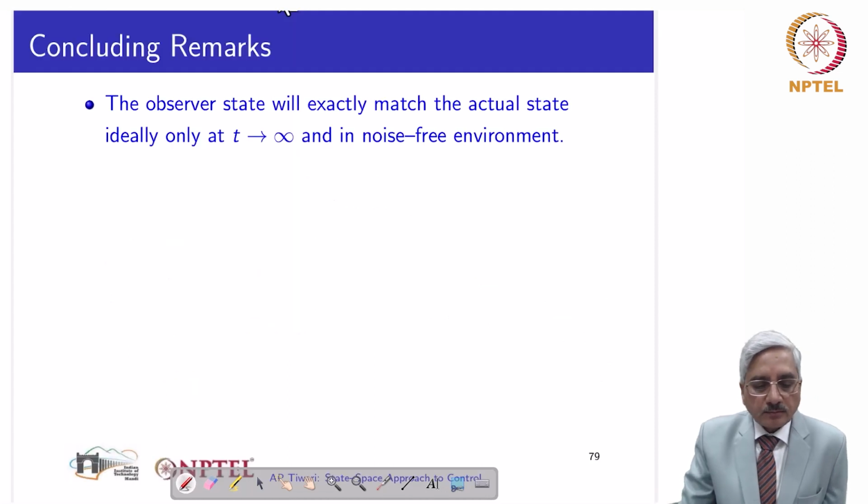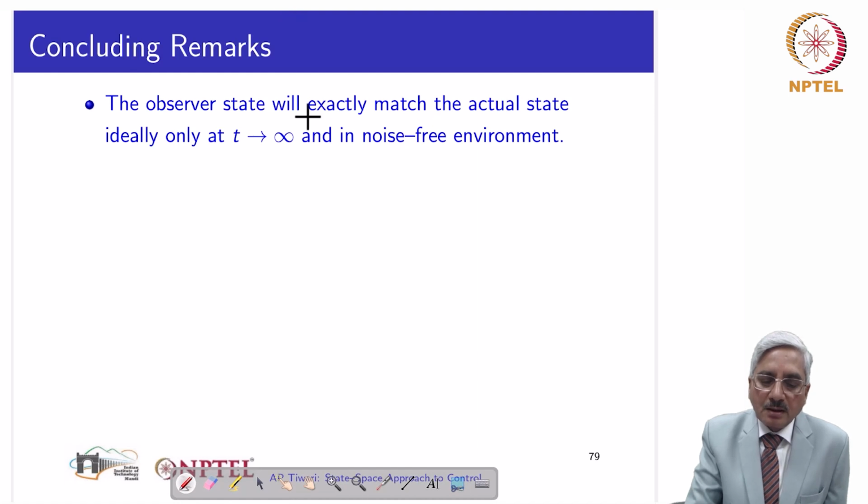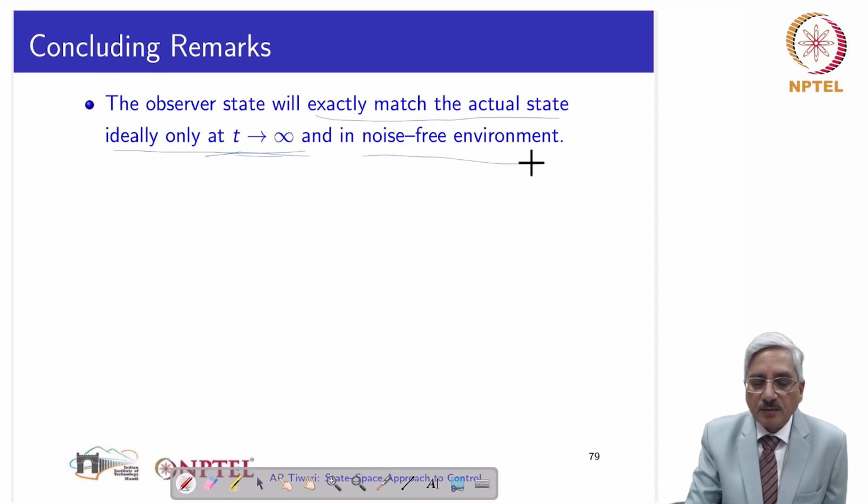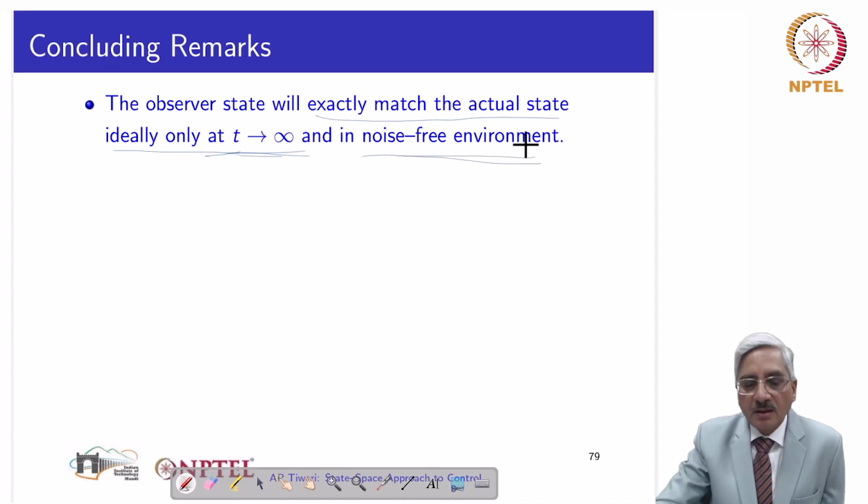Now, there are some negative remarks. The observer state will exactly match the actual state, ideally only at t equal to infinity and in noise-free environment. We have to be careful that we can make the observer state become asymptotic to the actual state, but in theoretical sense it can never match, it is only asymptotic.